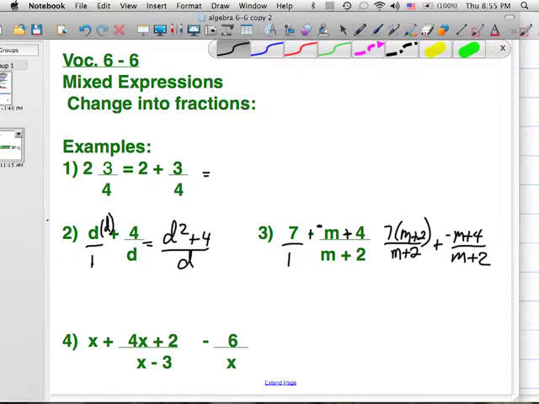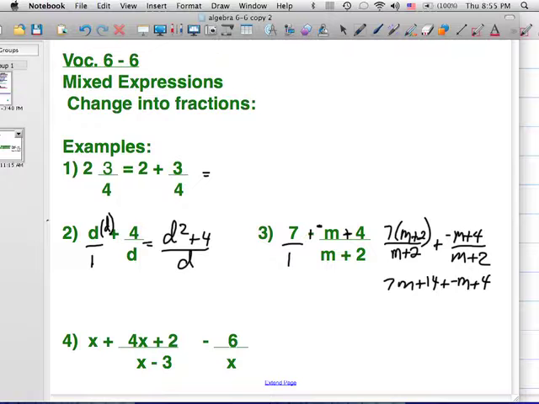And that gives us 7m plus 14 plus a negative m plus 4 over m plus 2. So combining like terms, we get 6m plus 18 over m plus 2.